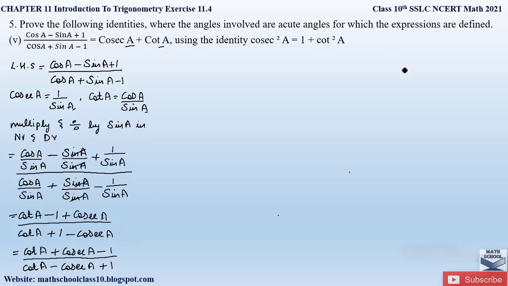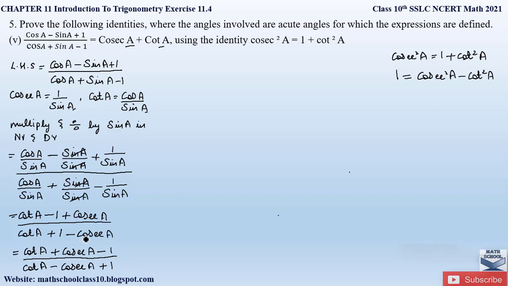Here the identity given is cosecant square A is equal to 1 plus cot square A. So let us send this cot square A to the right hand side. So 1 will be equal to cosecant square A minus cot square A, right? So instead of this 1 in the numerator, we will substitute cosecant square A minus cot square A.